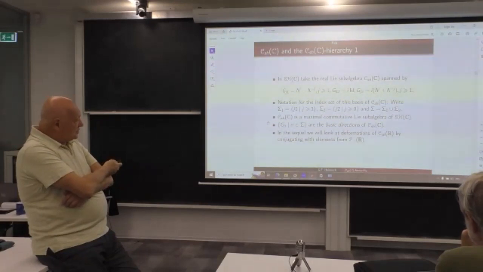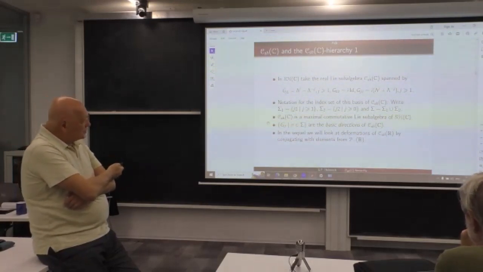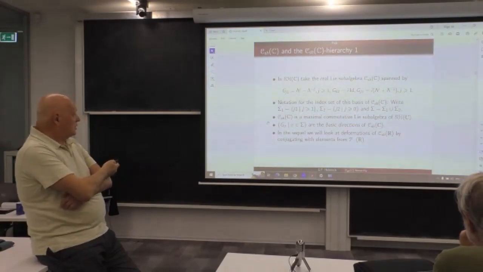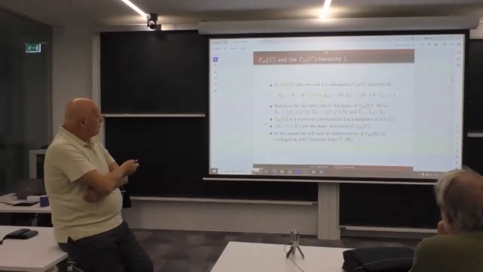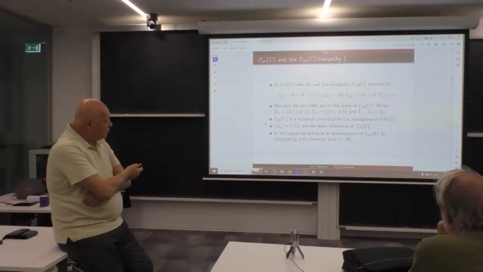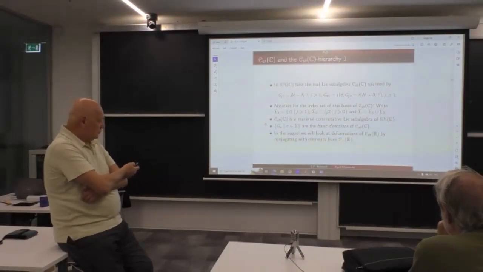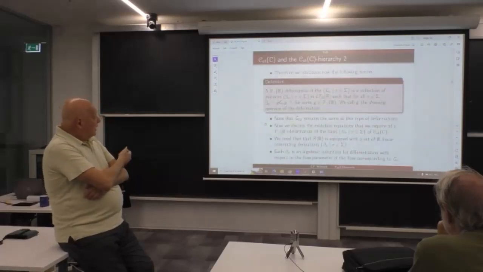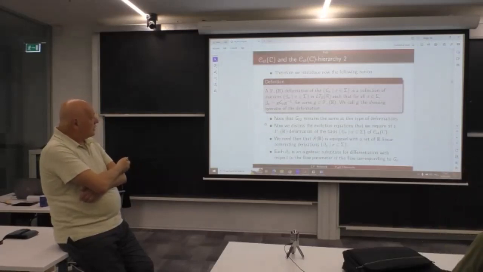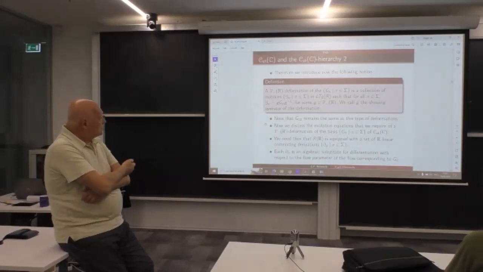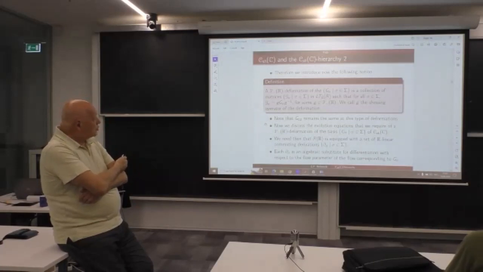And this algebra is deformed by the group P minus R. A deformation of the G sigma is a collection of matrices that are obtained by conjugating with an element G from this group P minus R. And this G we call the dressing operator.